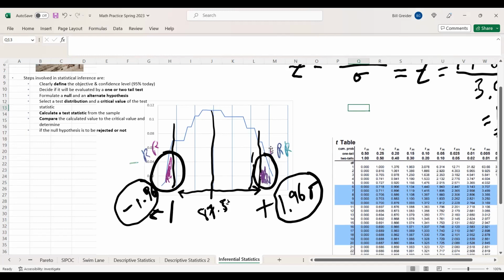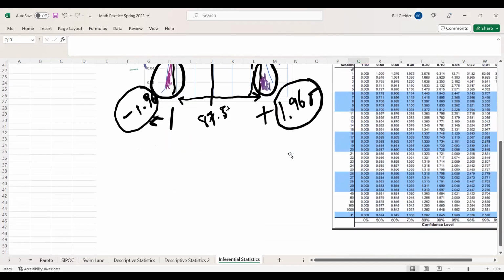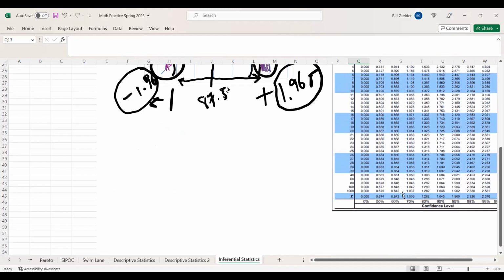And as a matter of fact, I labeled it RR, rejection region. So to find my test statistic at 95%, I'm going to go down to the bottom of my Z table, and I'm going to go across, and I'm going to find 1.96 because that's my 95%.